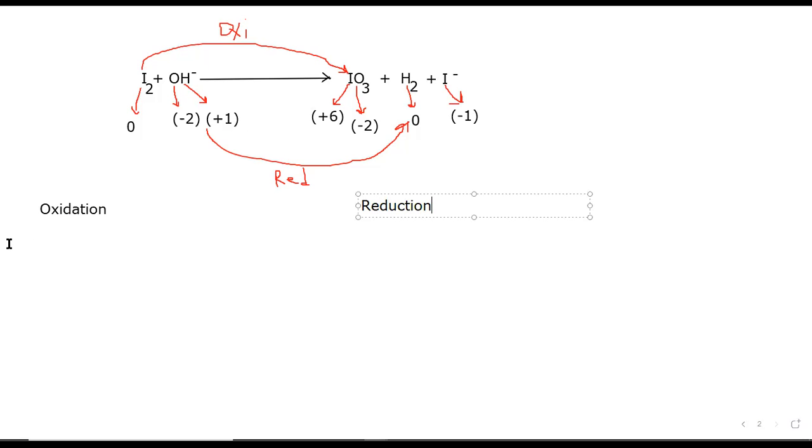Okay, what is under oxidation? So under oxidation, we have I, I'll add the 2 later. Then we make some space. Then we have IO3. You have to get used to that. That's chemistry for you. Chemistry has very interesting aspects about it, which you will grow to love, provided you do the work.